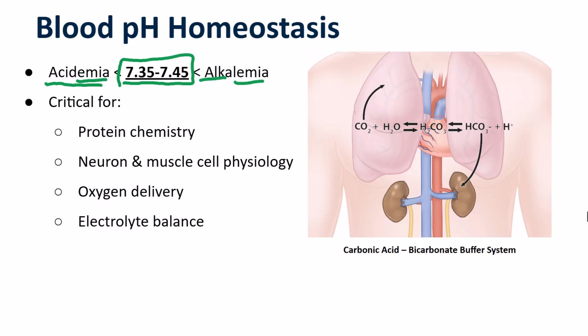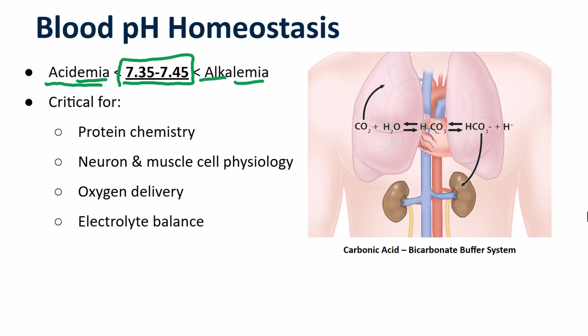Likewise, neurons and muscle cells rely on a very delicate balance of ions for proper functioning, and without this range of pH being maintained, your heart muscle, your skeletal muscle, your smooth muscles, as well as your nervous system may begin to not function optimally. It's also important for oxygen delivery throughout the body. So your metabolically active tissues require oxygen to make ATP for energy. And outside of physiological normalcy, that becomes increasingly more difficult.